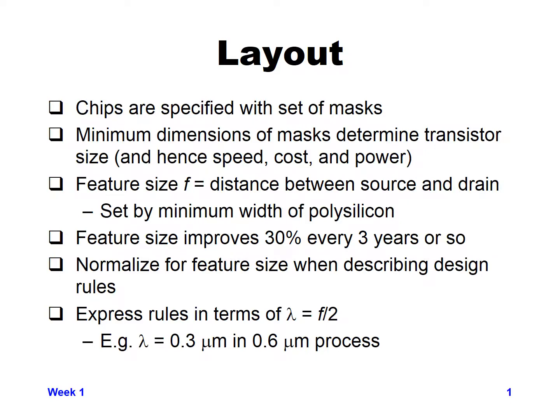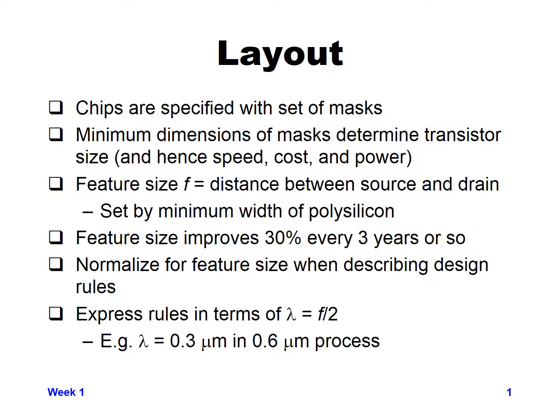Now, the minimum dimensions of those masks, so the smallest spacing between different sizes and in particular the minimum dimension of the gate size for a transistor, determine what the transistor size is.